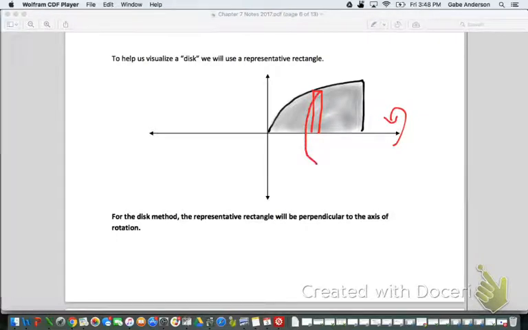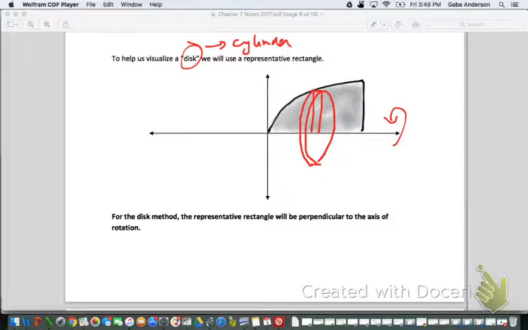If I did that, it would look something like this. And of course it would go back into the page and so on and so forth. And you can see, it forms a disk. Like the word disk, it's like a CD or a DVD or something like that. Of course it's tipped up on its end. You could also think of a disk as a cylinder. This will be important here in a second when we look at the formulas.